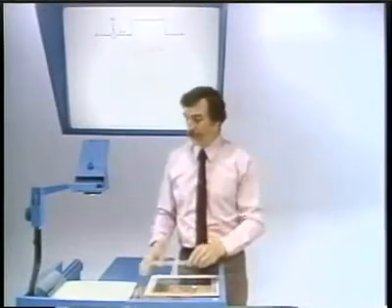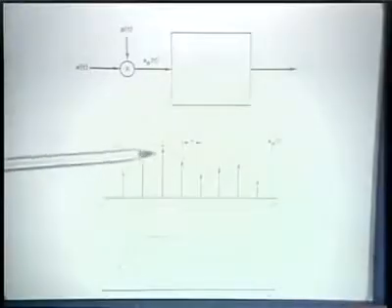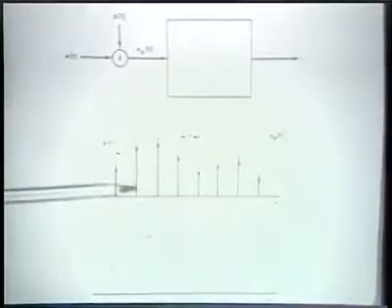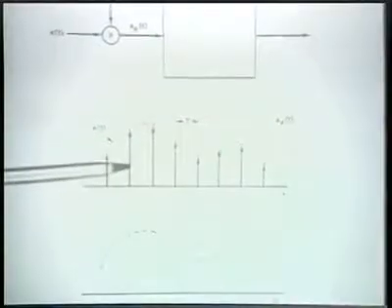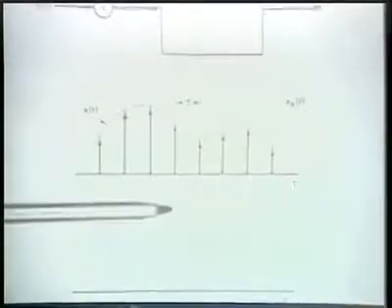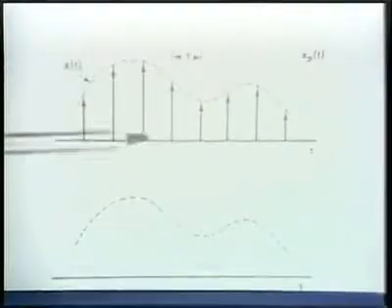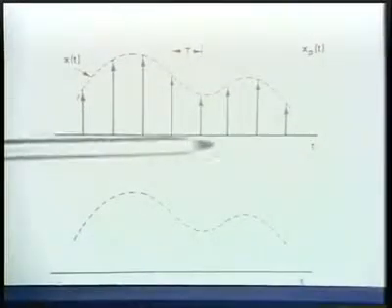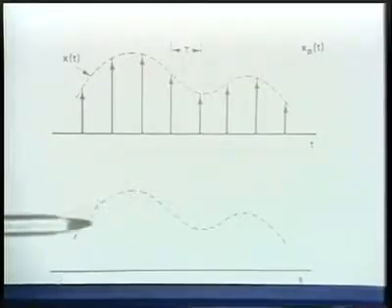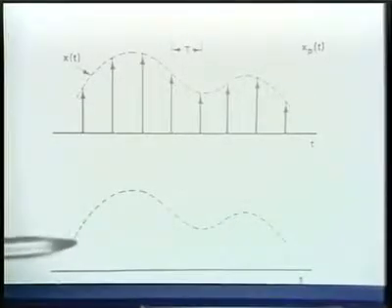So if we look here, for example, at the impulse train, then in the demonstration that you just saw, we built up the reconstructed curve by replacing each of these impulses with a sinc function, and the sum of those built up the reconstructed curve.